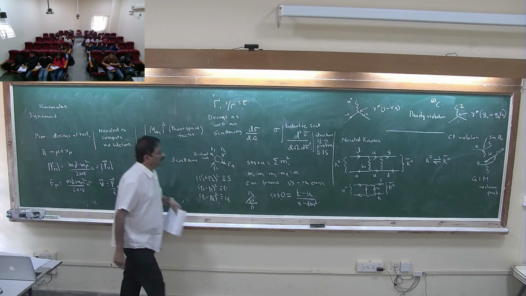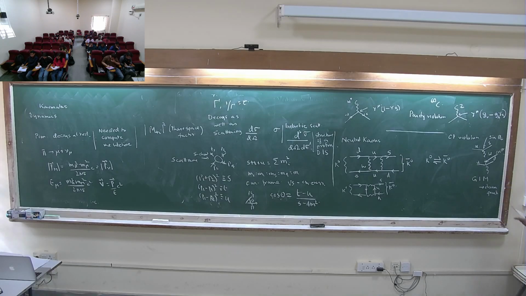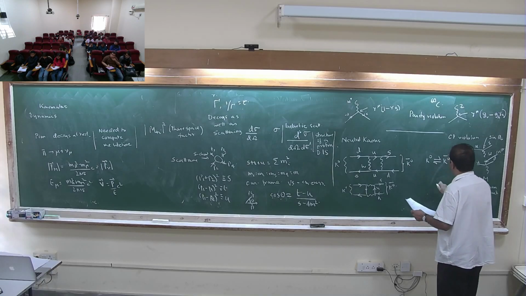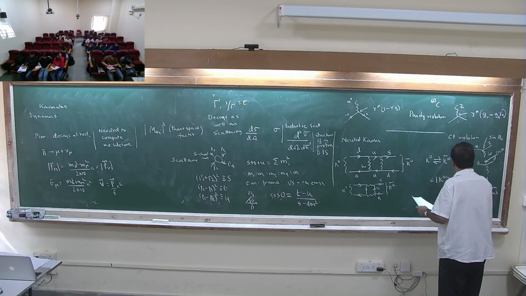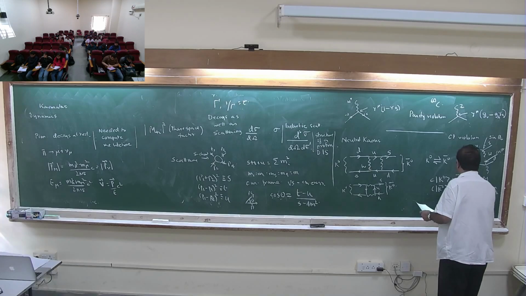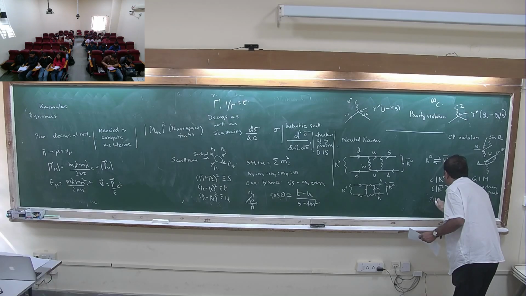So how are K0 and K0 bar related to one another? They are charge conjugates to each other. So C acting on K0 will give you a K0 bar, and C acting on K0 bar will give you a K0. Okay. Very good. What about P acting on K0?